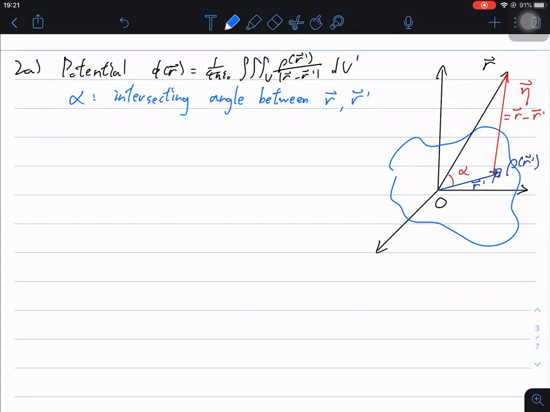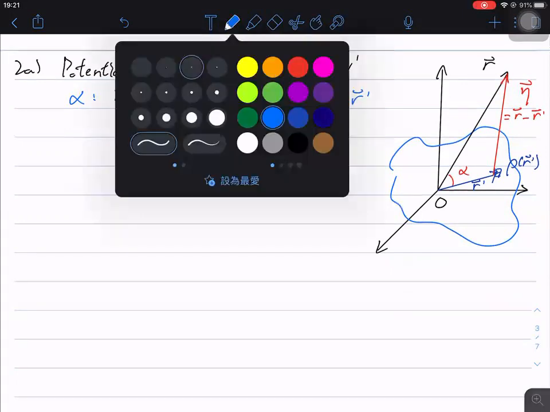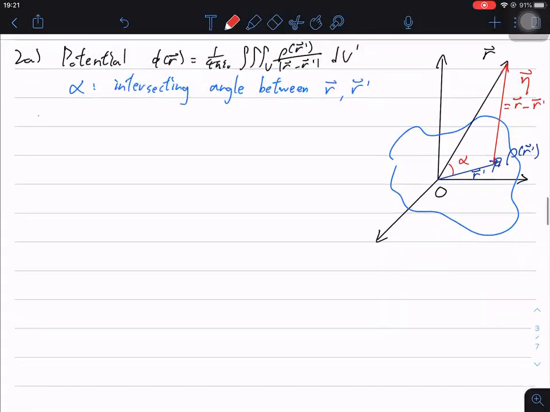Okay, so first of all, let's expand eta in terms of r prime and alpha. So eta square is the square of the magnitude of the vector r minus r prime. Using the law of cosines, we can obtain this form.